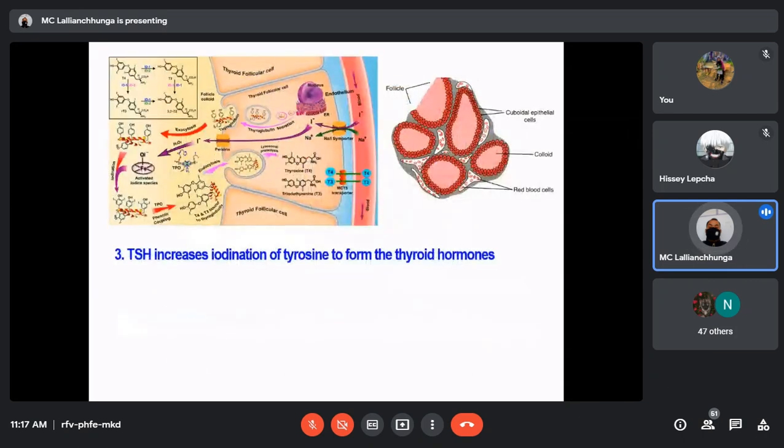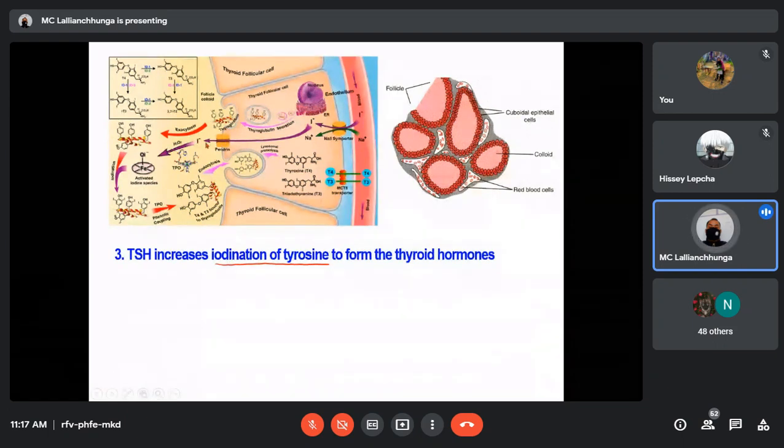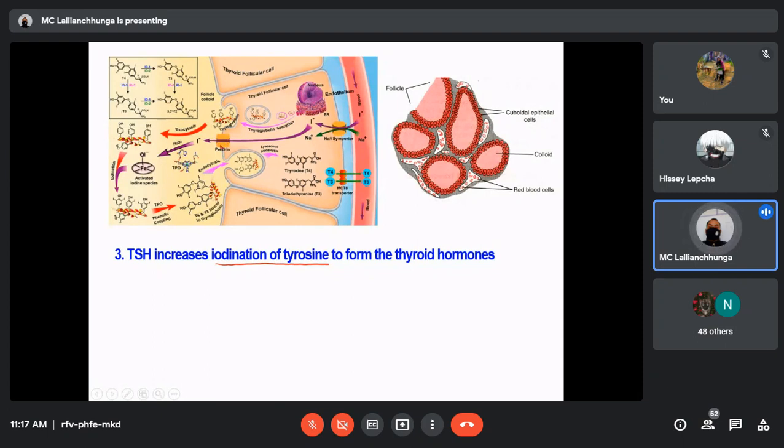What is the third function of TSH? It increases iodination of tyrosine inside the thyroglobulin. Let's see this diagram. Now iodide is entering the cell, and this has to be transported into the colloid of the follicle. Iodide enters the colloid through the apical membrane of the thyroid cells, through the pendrin protein channel present in the cell membrane.